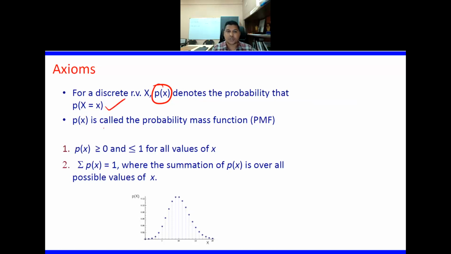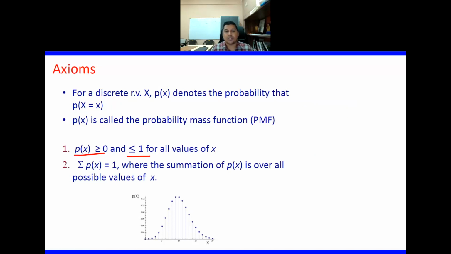In this case, p of x denotes the probability that X equal to x. This p of x is called your probability mass function, PMF. Okay, p of x is your probability mass function. We use this probability mass function notation to show the probability. For example, let's see here. See, p of x is greater than or equal to 0 and less than or equal to 1.